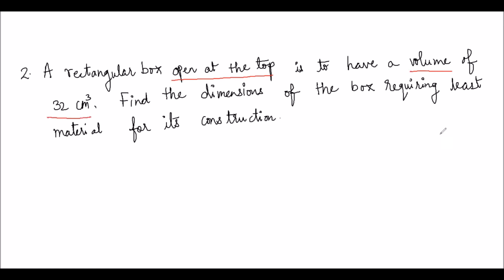You all know that the volume of a rectangular box in the shape of a cuboid is length, breadth, height, and this is given as 32. We have to find the dimensions, which means we have to find out L, breadth B, and height H.